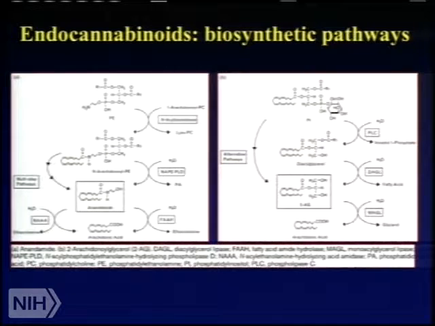And these are synthesized from membrane lipids, anandamide and 2-AG, and they are degraded to arachidonic acid. So this is very important. I will talk about that later. Particularly for 2-arachidonyl glycerol, which has approximately 100 times higher tissue levels.